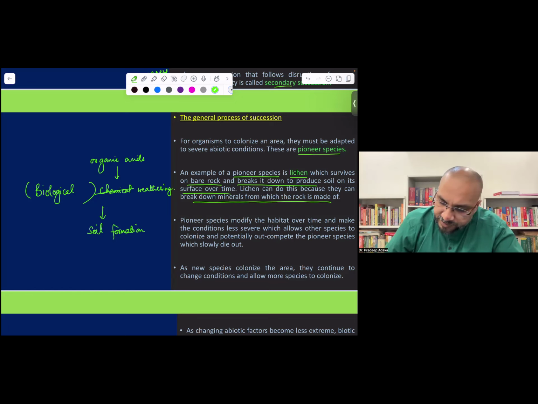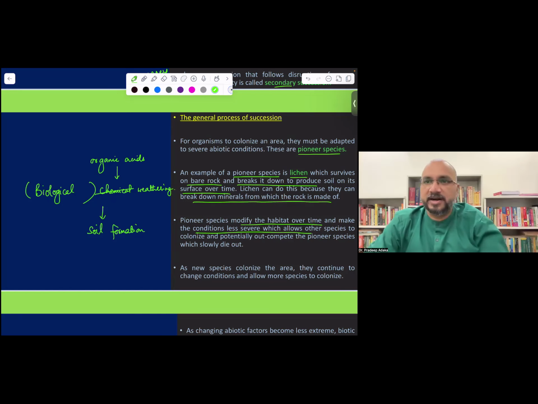So pioneer species modify the habitat over time and make conditions less severe, which allows other species to colonize. So they are modifying the environment so that other species can come and colonize it. Okay, now the other species which come and colonize outcompete the pioneer species.